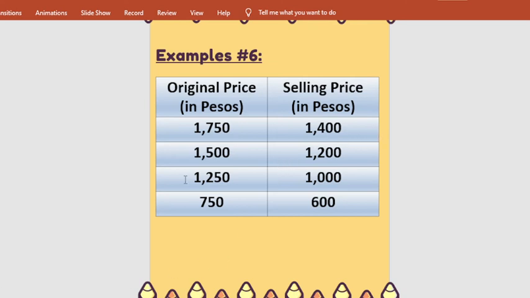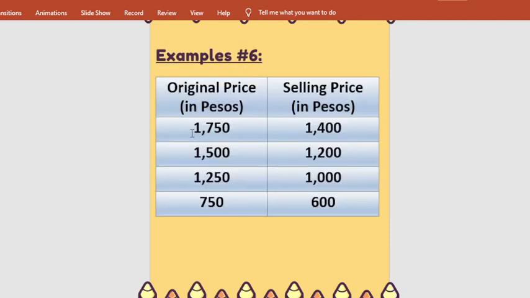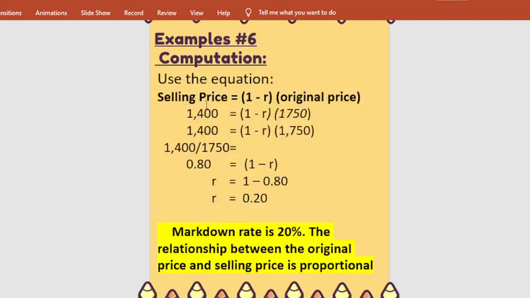Since this is a markdown, we have to use the equation of markdown. Selling price is equal to 1 minus rate times the original price. Let's take the first one as an example. The selling price is 1,400, which is equal to 1 minus rate times the original price, 1,750. So 1,400 is equal to 1 minus rate times 1,750.